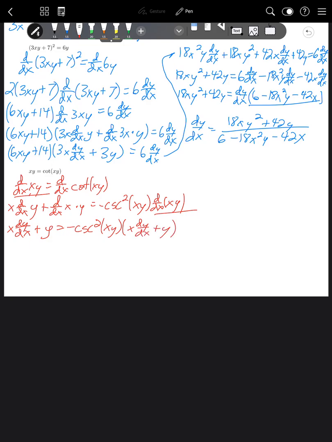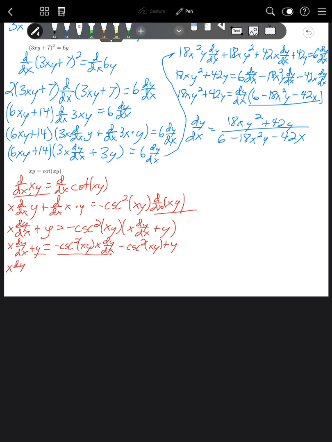Okay, so then we're going to distribute. So x dy/dx plus y equals negative cosecant squared xy times x dy/dx minus cosecant squared xy times y. Now we want to get the dy/dx's on the same side, so move this to the left and y to the right.